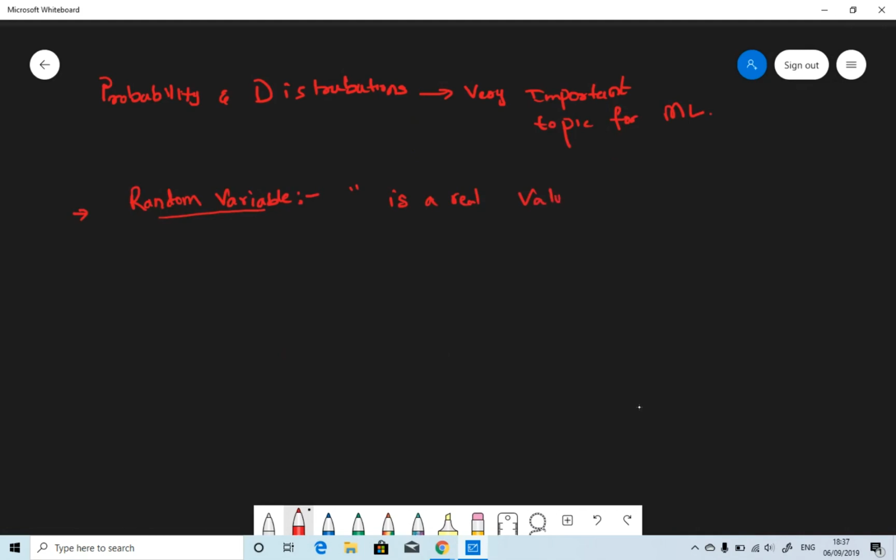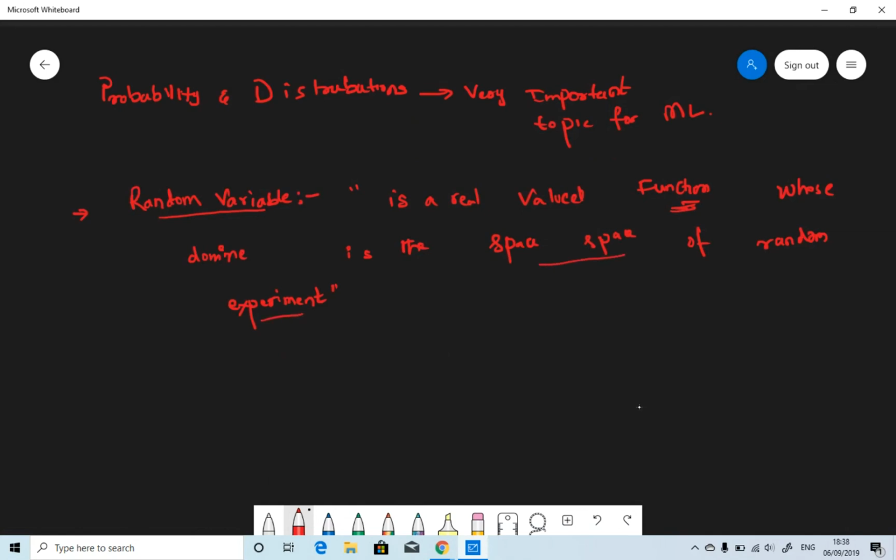It is a real valued function whose domain is the sample space of a random experiment. It's a real valued function, and its domain is the sample space of a random experiment.